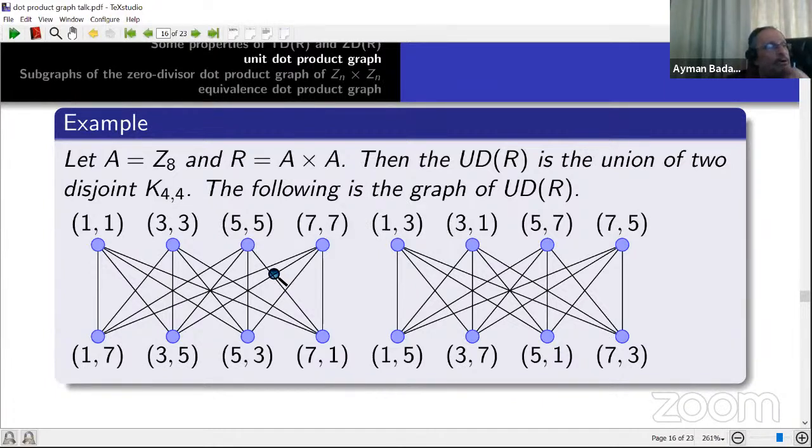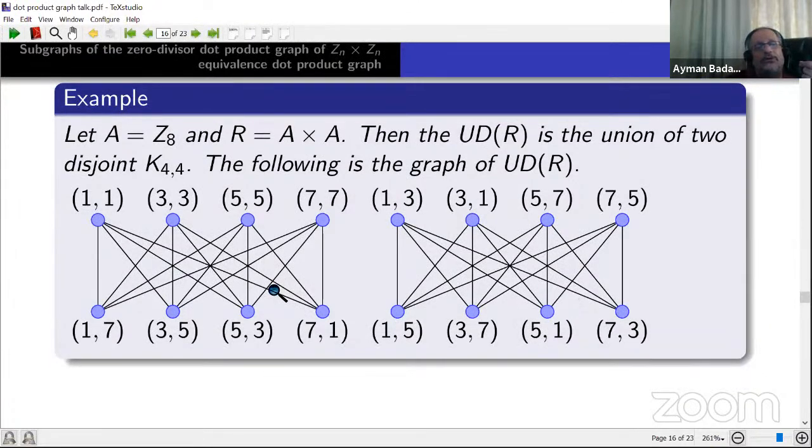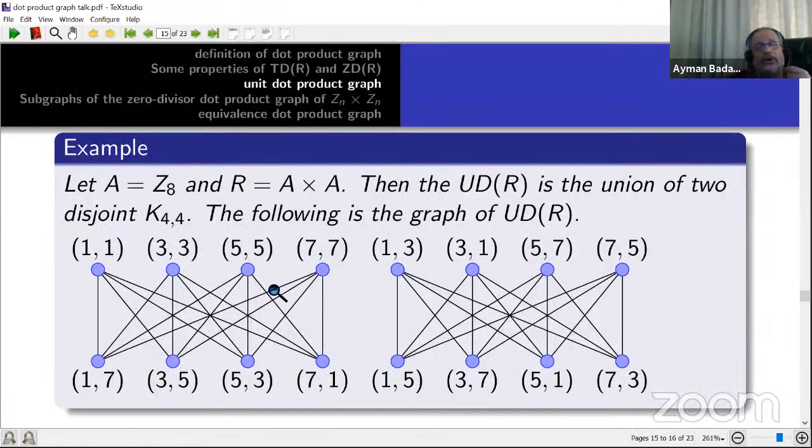We did not do it like in the total dot product, where my ring A was any commutative ring. So maybe some students would like to investigate more on this unit dot product graph. And I stop here, and thank you for listening. And thank you, Professor Shelvam, for inviting me.